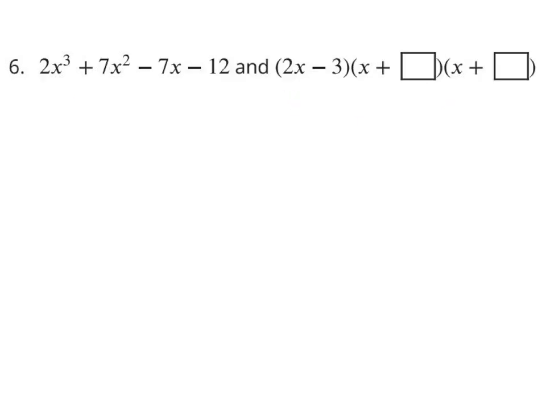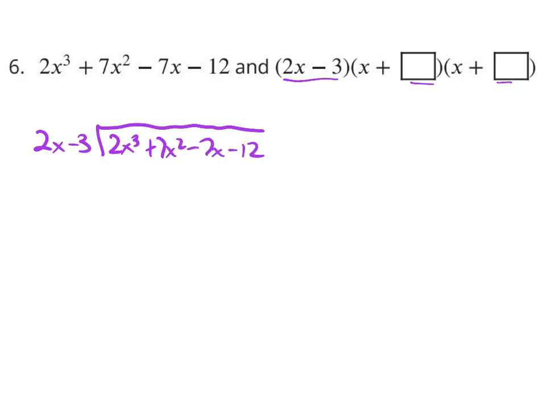Okay, finally, for this one, I'm given factors, but I don't know what they are, but I'm given one factor, which means I have to use polynomial long division. I take my factor and divide it into the original polynomial. I take x squared. It must line up over the x term because I'm multiplying two terms, so you start two terms in. x squared times x is x cubed, and x squared times negative 3 is negative 3x squared.